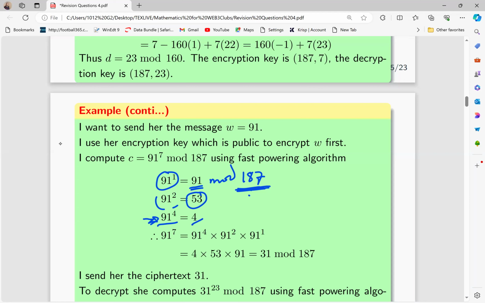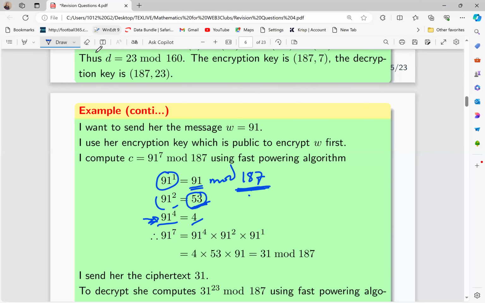What do you get when you square 53 times 53? You just square the left side and square the right-hand side.